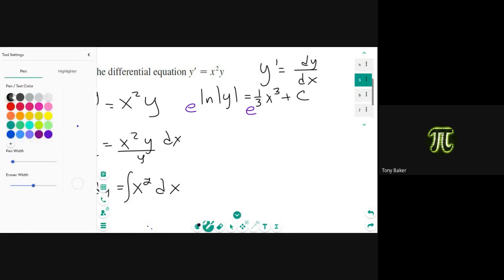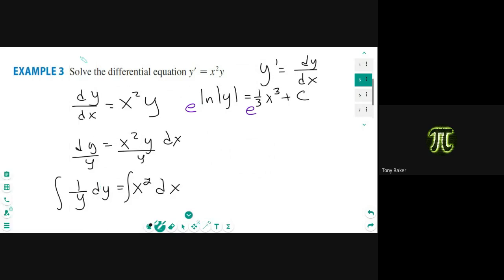We have to do e to the c. This is one whole thing. So I now have y equals e to the 1/3 x to the third plus c, because it cancels out the ln. Sorry, I'm bad at this part of algebra.